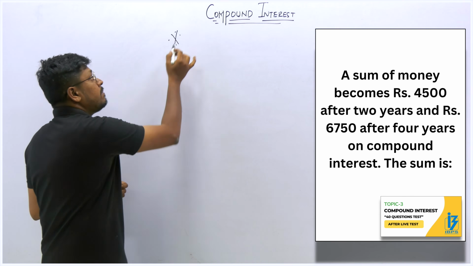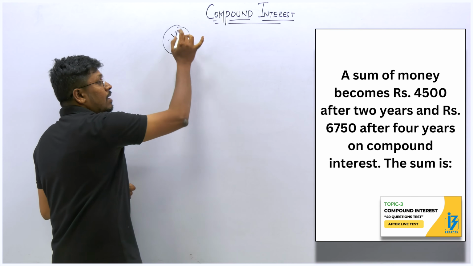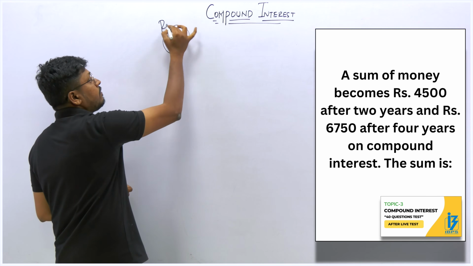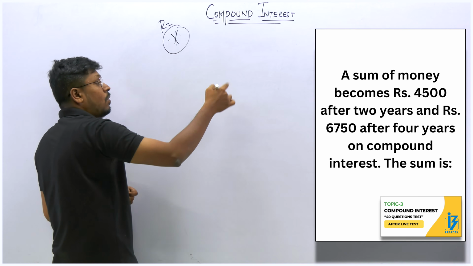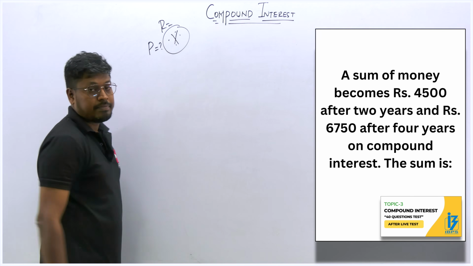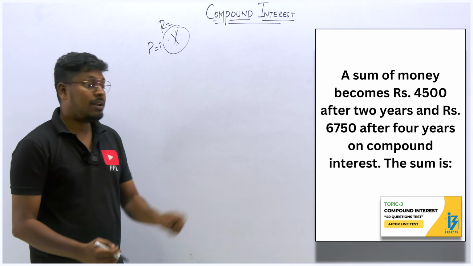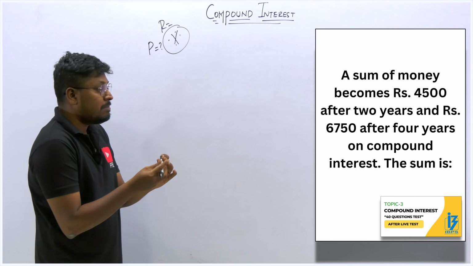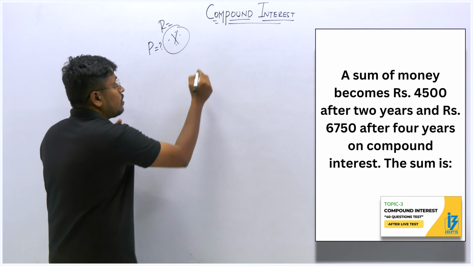But the reason why I am saying it's very important is that on all these kinds of models, usually we find the rate of interest, but some questions on the same kind of model ask us to find the principal as well. If we need to find the principal on this model, I will teach you how to find it. So just see here, a sum of money becomes, that means the total amount 4,500.